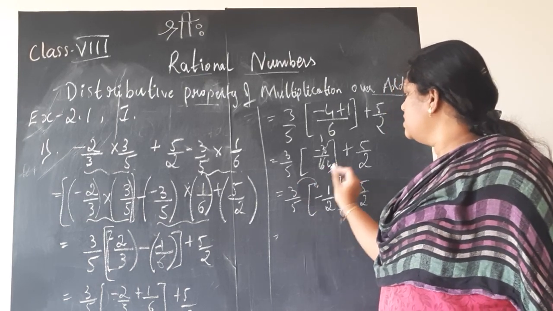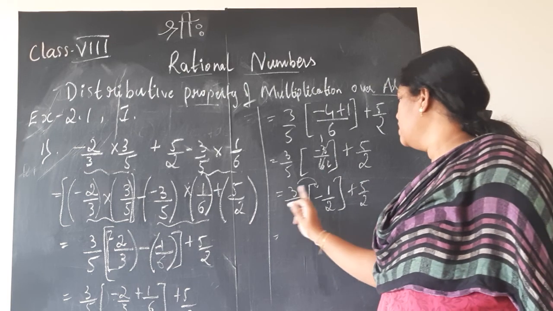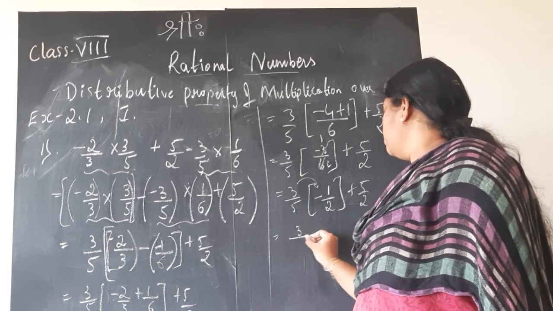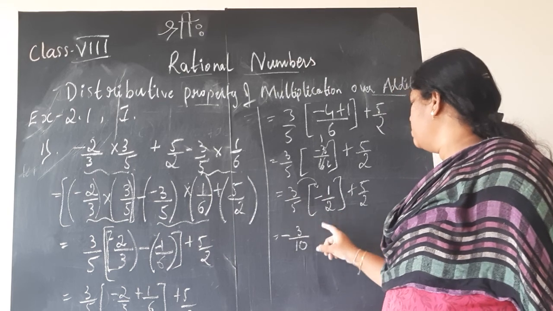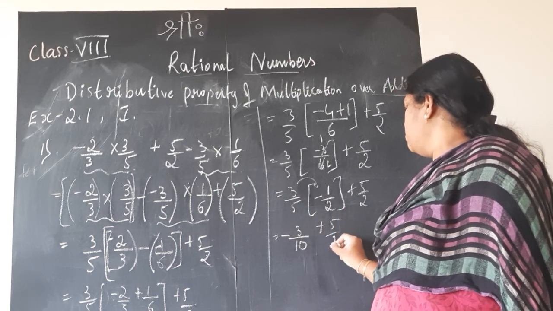Now I will multiply this 3 by 5 with the bracket. 3 into 1 is 3, 5 twos are 10, plus into minus, plus 5 by 2.